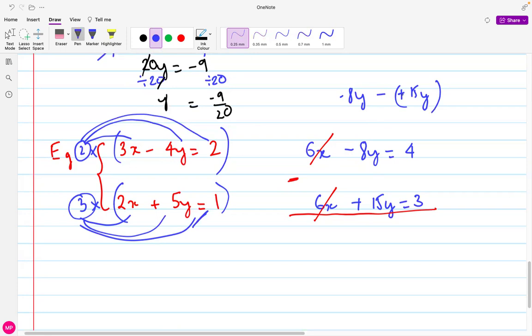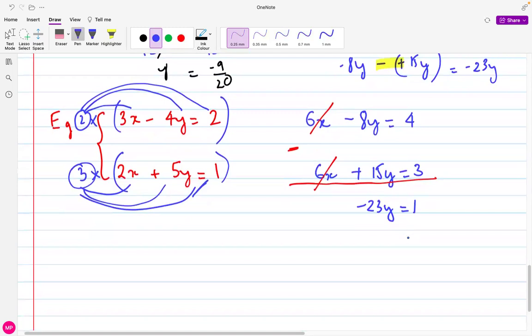So negative and positive is negative. So you can think of negative 8 minus 15. That gives you negative 23y. Let's go here. Negative 23y, okay, equal 4 minus 3 equal 1.